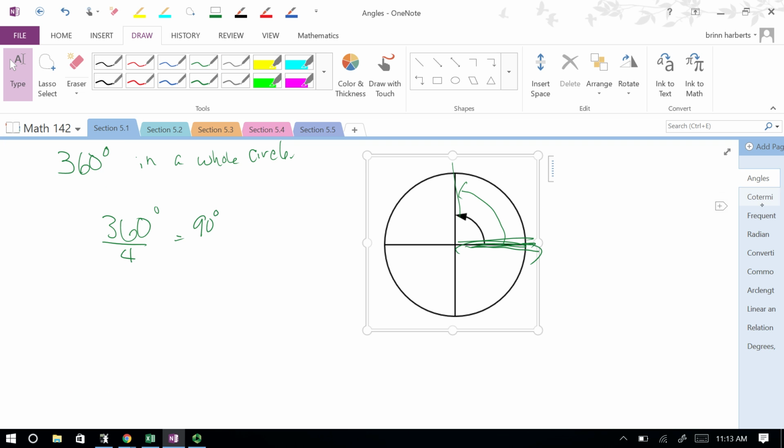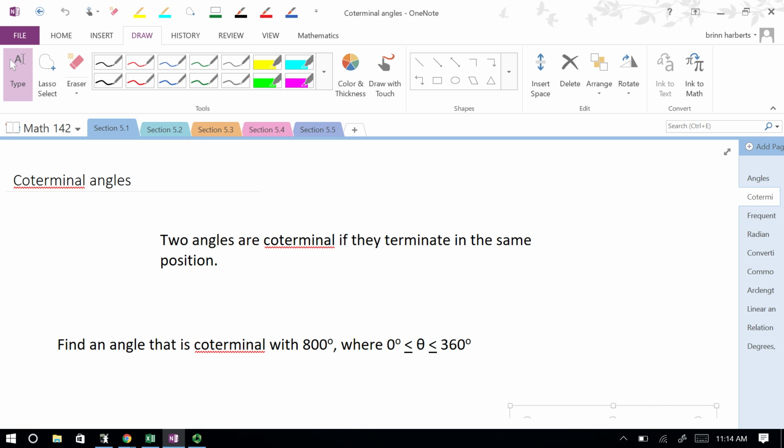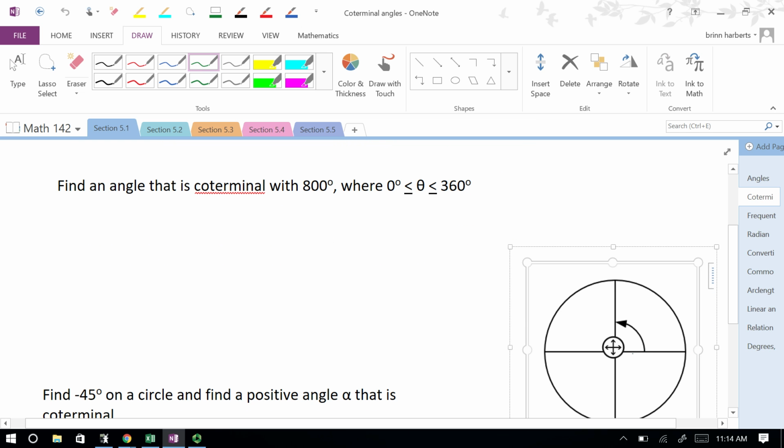Let's look at something called coterminal angles. Two angles are coterminal if they end in the same spot. So if I start here and I let my sides rotate around an entire circle, I get to 360 degrees, and I can keep letting it rotate to this spot.